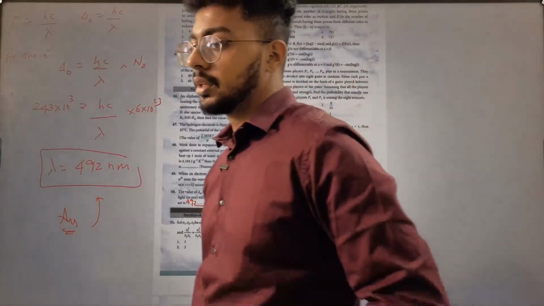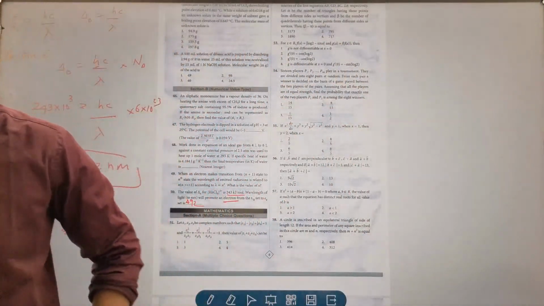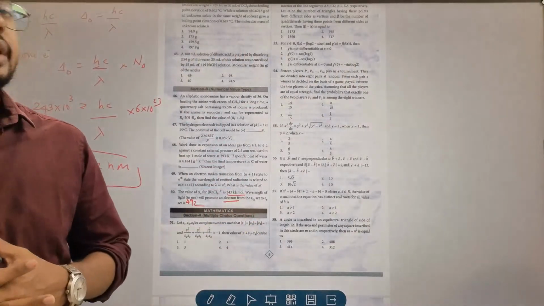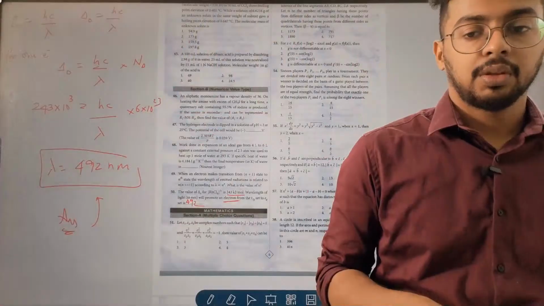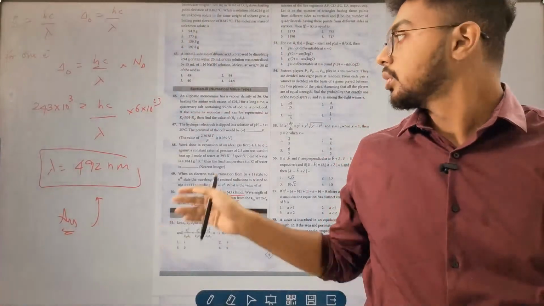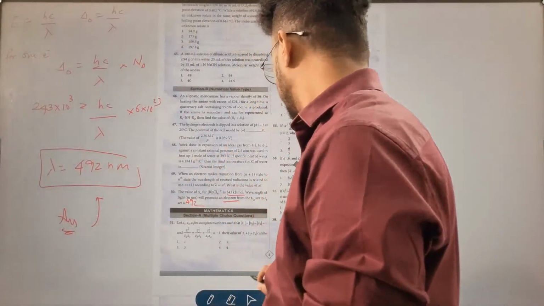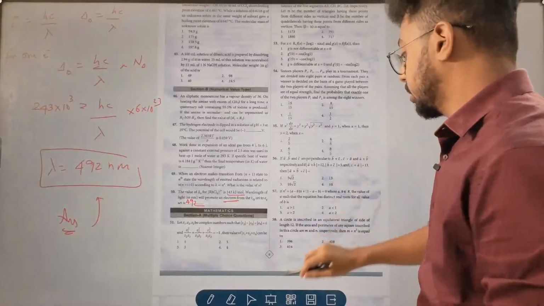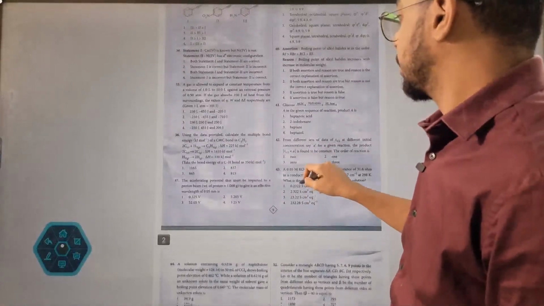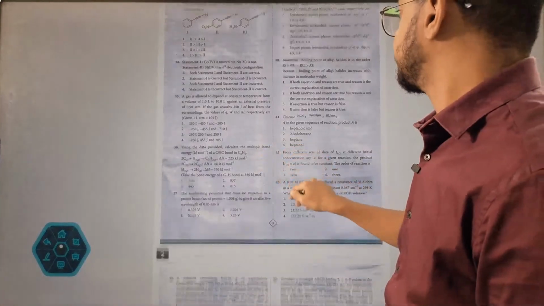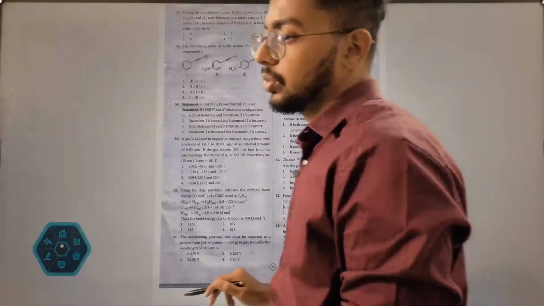So I have discussed one full JEE mock test paper, and some technical issues were there. In the paper we have got important questions. There were many organic questions, and the coordination compound question is very important.